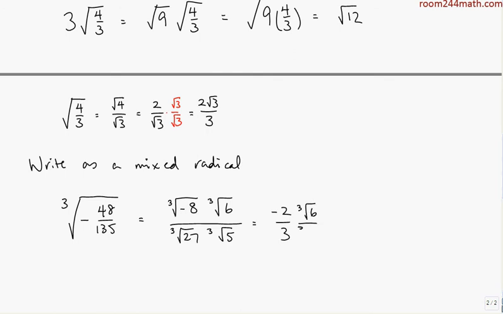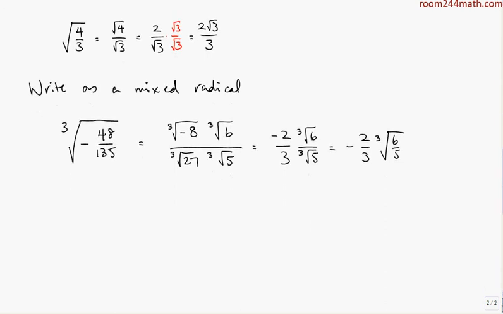And then you still have these radicals, cube root of 6 over cube root of 5. At this point you would probably just combine the two radicals and write it as the cube root of 6 over 5. Now, again, that would be if you were content to have a radicand that was a non-integer.